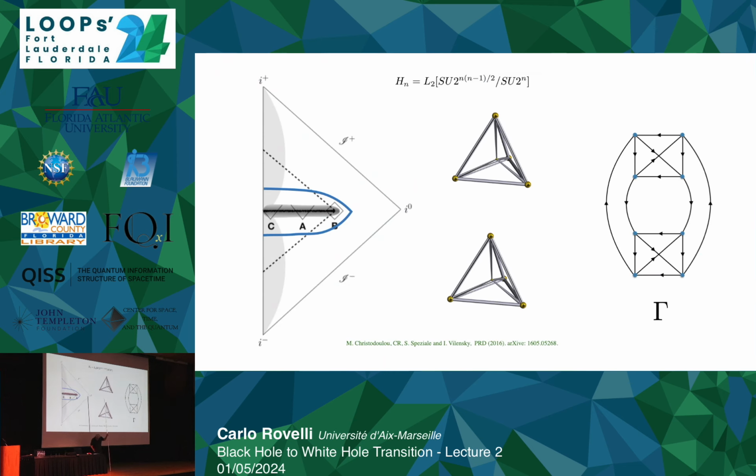Concretely, you can do the calculation using the technology that Christine, Francesca and Hongwan described: a triangulation here, a triangulation there, and a triangulation inside, and you compute this probability amplitude in a truncation. So you only look at large degrees of freedom, ignoring the high frequency modes.